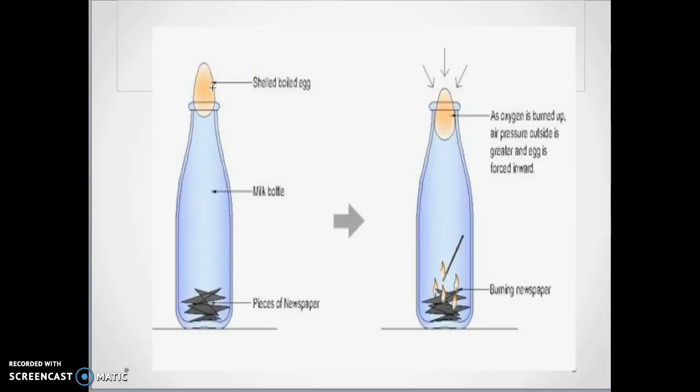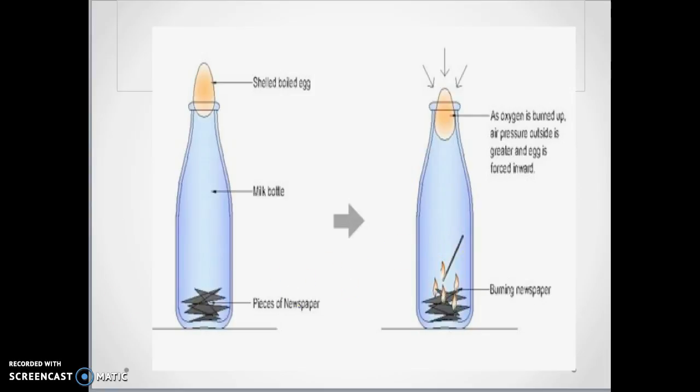You're going to set the newspaper or the piece of paper on fire, and you're going to put it inside, and then the egg is going to be placed on top. And after you do that, the egg on its own starts to get sucked into the bottle, and eventually the egg falls in. And the question here is why? So why does that happen?